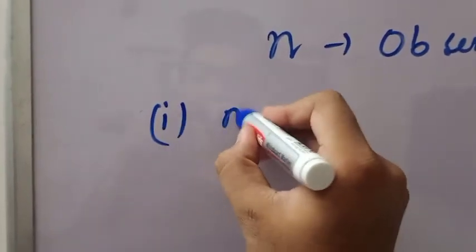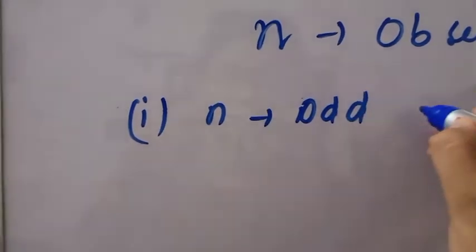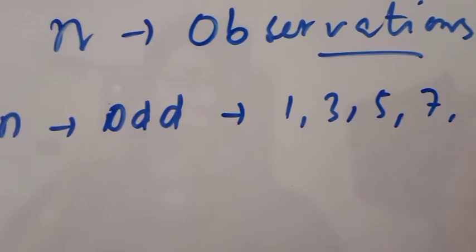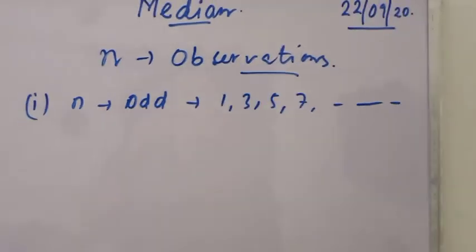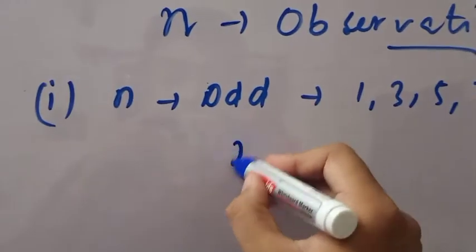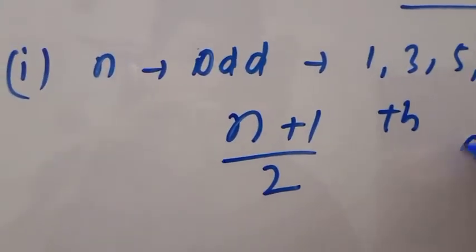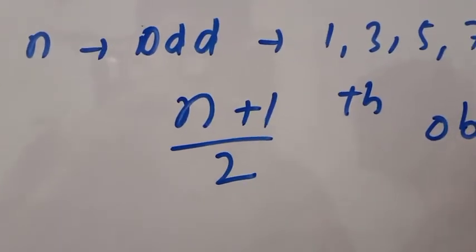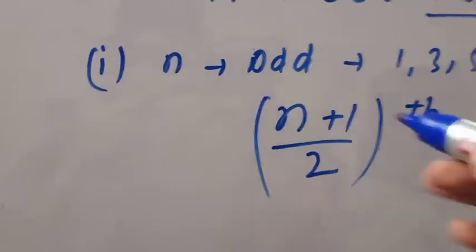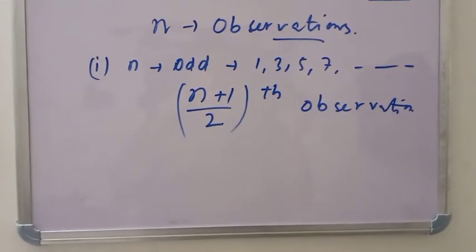Number 1, if n is odd, meaning 1, 3, 5, 7 like that. If n is odd, then the median is the (n plus 1) by 2 th observation. The (n plus 1) by 2 th observation, not just (n plus 1) by 2.